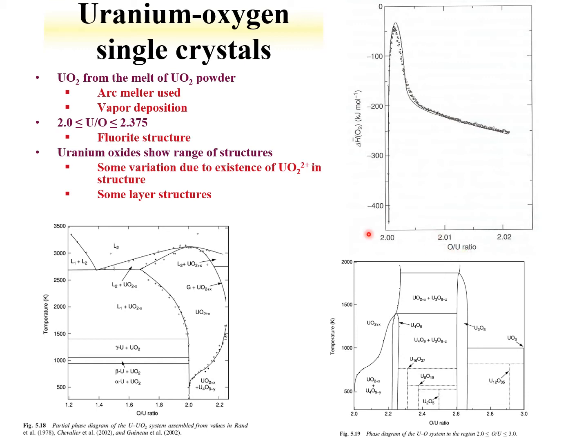One of the ways of measuring that ratio is by looking at thermodynamic data like this, the Gibbs free energy as a function of the oxygen to uranium ratio. If one takes material and evaluates the enthalpy, not the Gibbs free energy, the enthalpy of the system, one can determine the oxygen to uranium ratio from this.